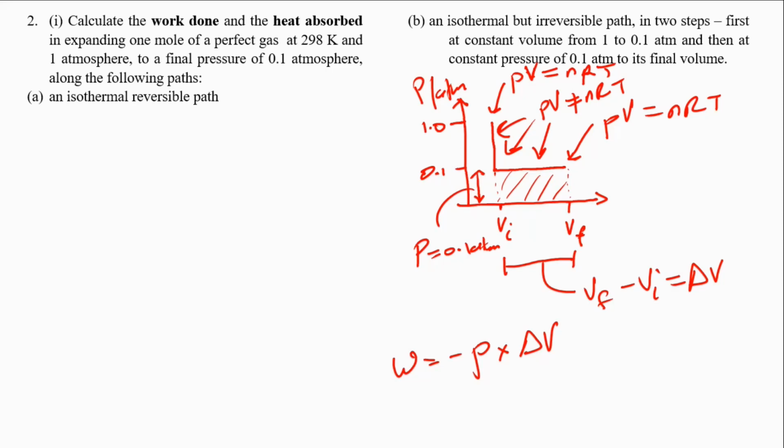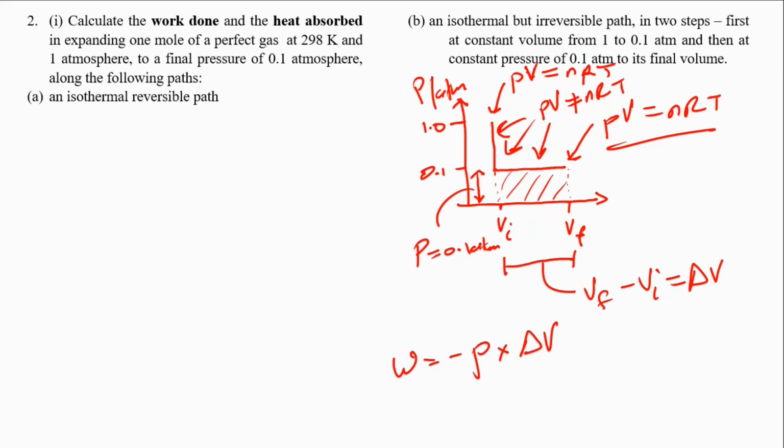Now, this is not bad for us because what this tells us is that we could use PV equal to nRT to calculate the final volume and also the initial volume, because PV is equal to nRT at the beginning and at the end.